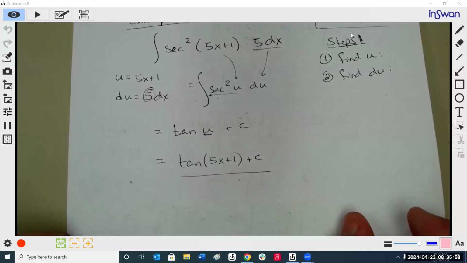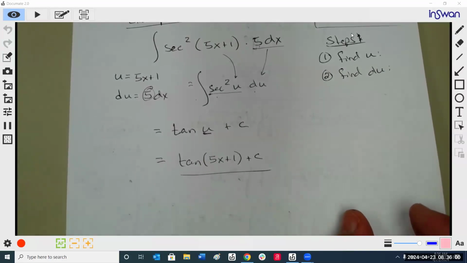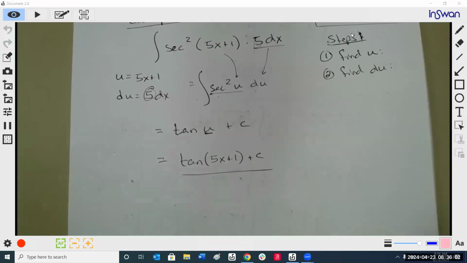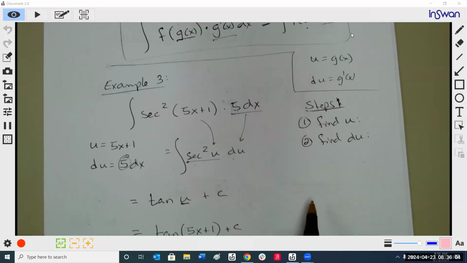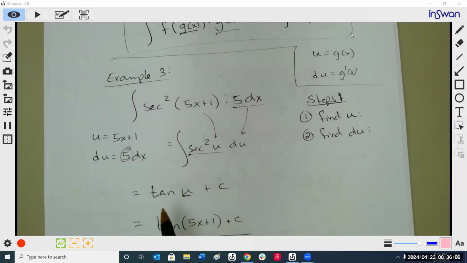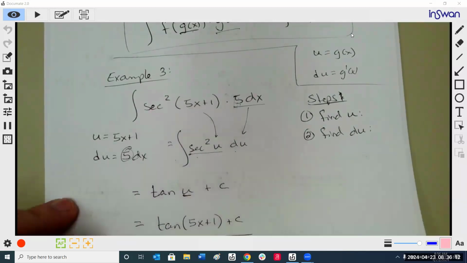The way we used to have to do it in the old days before we got the big book is we'd have to go through all the trig identities and do derivatives of the 6 trig functions till we found secant squared. And we knew that since the derivative of tangent was secant squared, the integral of secant squared is tangent. You guys are lucky.